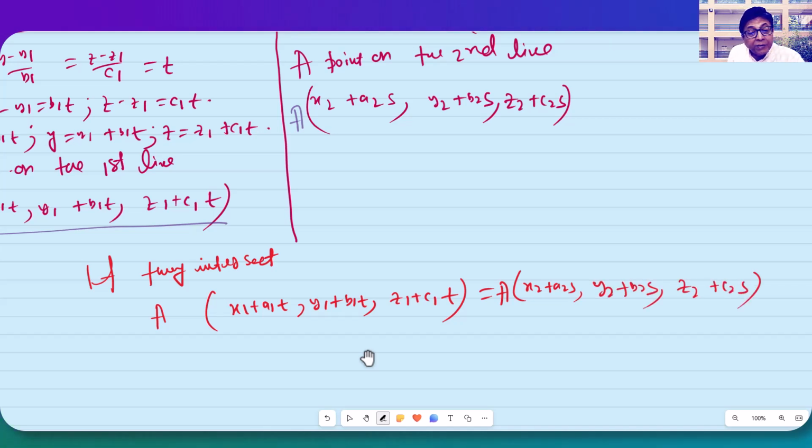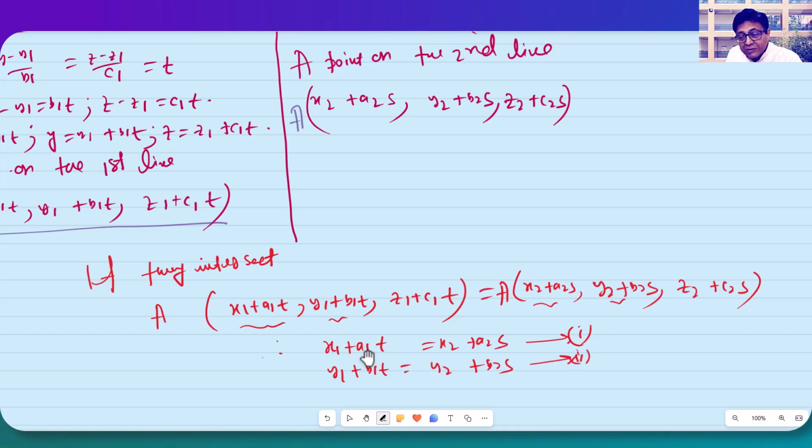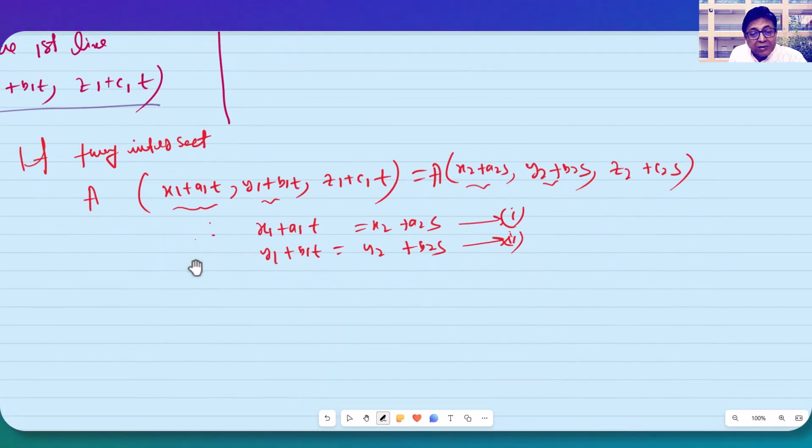They are comparable. So this will be equal to this. We have equations now: x1 plus a1t equals x2 plus a2s, this is number 1. Compare the second component, that y1 plus b1t will be y2 plus b2s, and then the third.